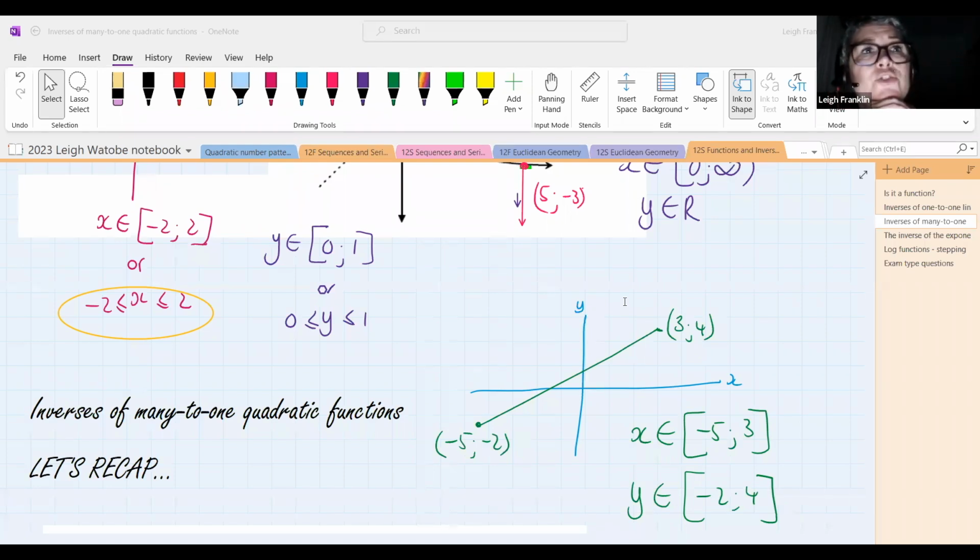When we are doing an inverse, we are switching x with y. So we're switching input and output. What was originally going in is what's coming out, and what was originally coming out is what's going in. So it's like making the x-axis the y-axis and the y-axis the x-axis.